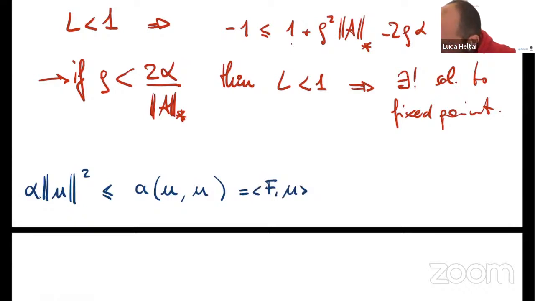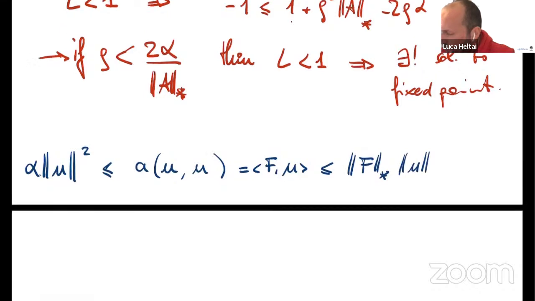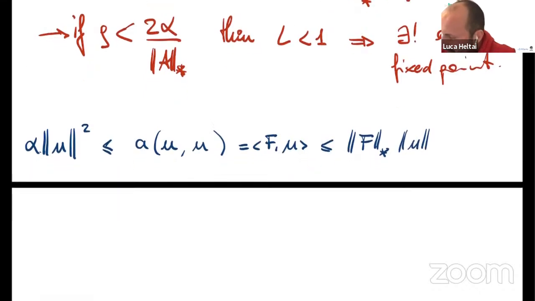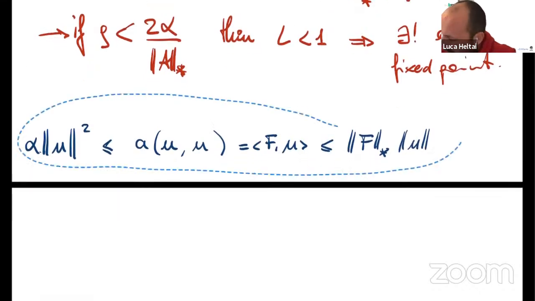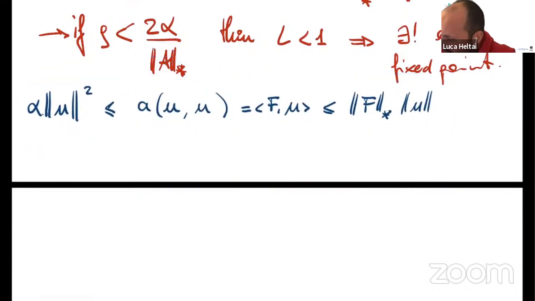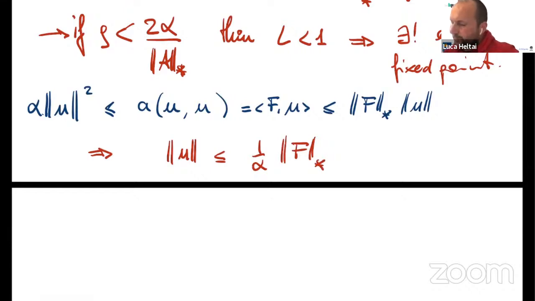Since this is to be valid for any U, this is to be identical to F of U. And now, by linearity of the operator F, this is smaller or equal than the norm of F star and the norm of U, which implies, in particular, that the norm of U is smaller or equal than 1 over alpha, the norm of F in the dual norm.